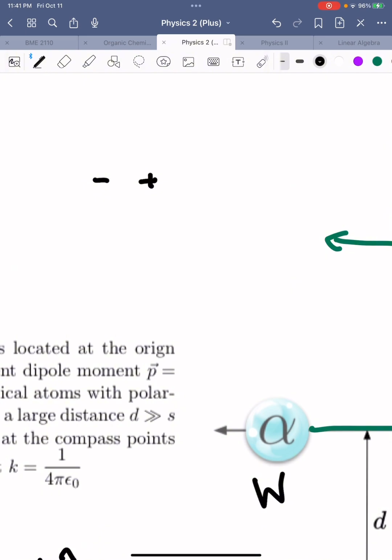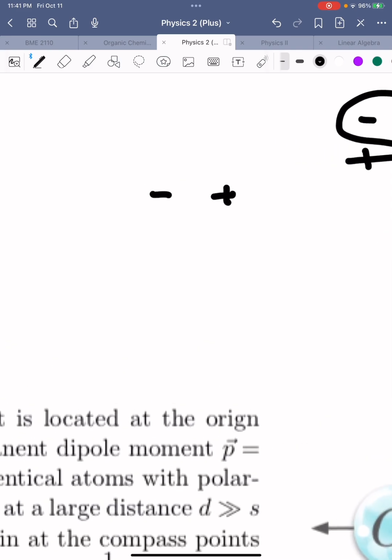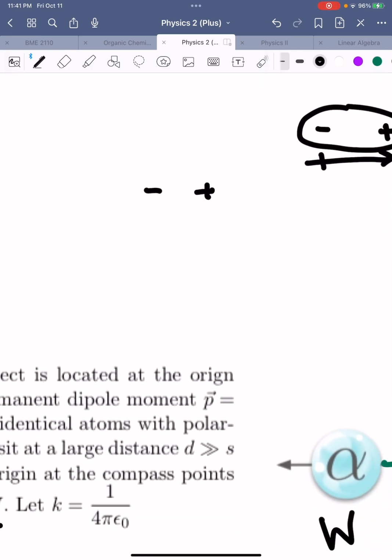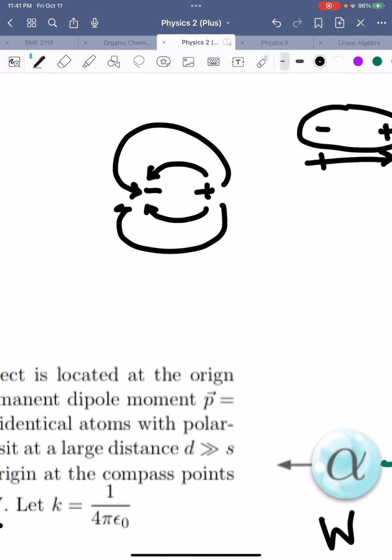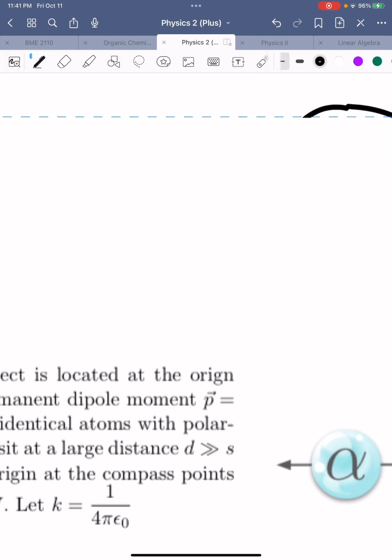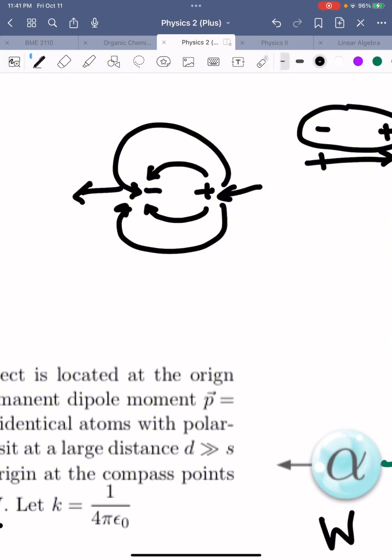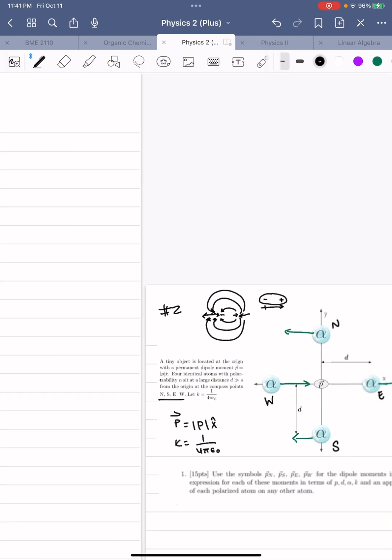The dipole moment is from negative to positive in a dipole, so if it's opposite to that, we go positive to negative, positive to negative, and so on. This is how the electric field lines will look according to this dipole.